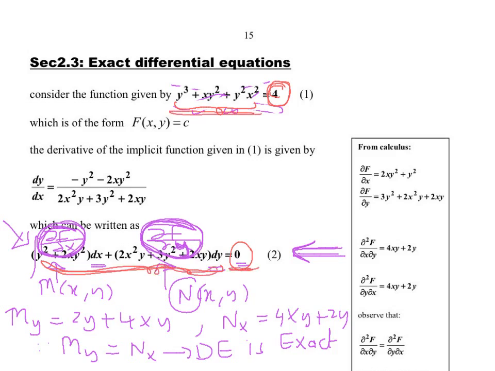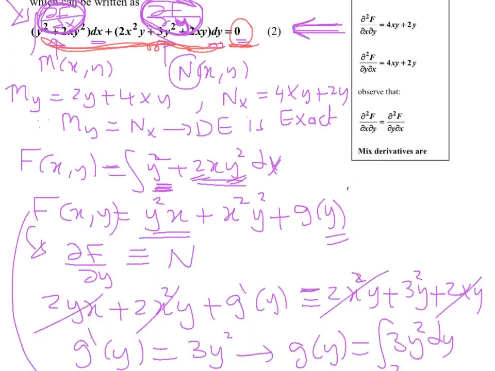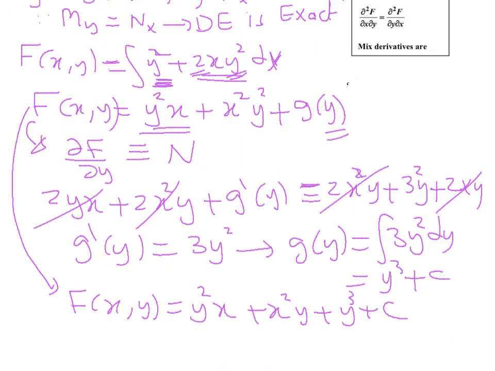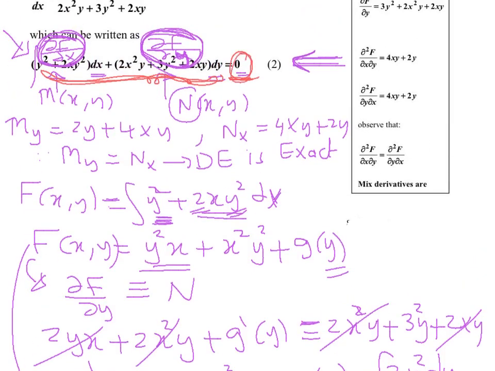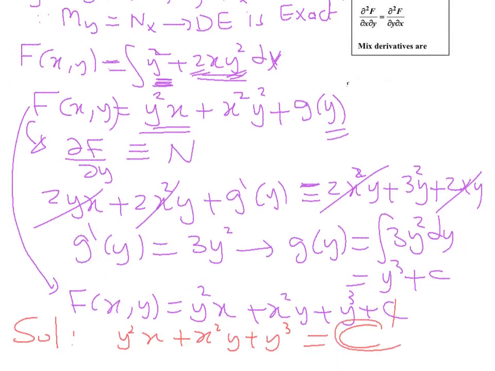Integration of 0 is a constant. So the final answer has to be written like that, which is y squared x, which is f. You write f again, equal to constant. No need to write this constant because it will go on the right with the integration of 0. The integration of this 0 is this constant.